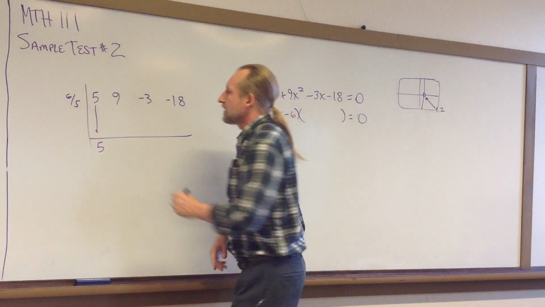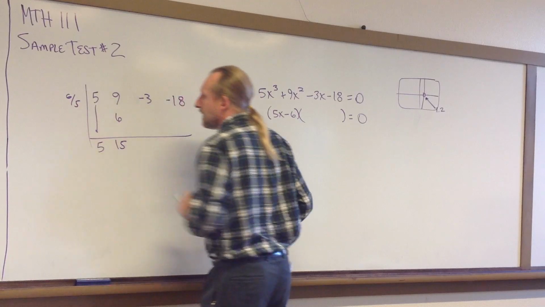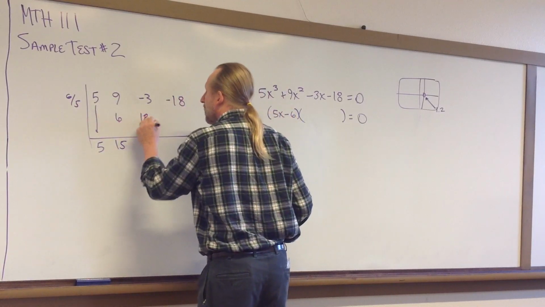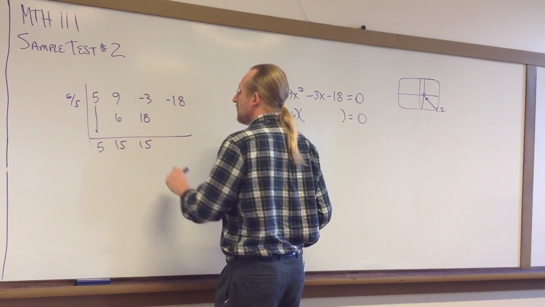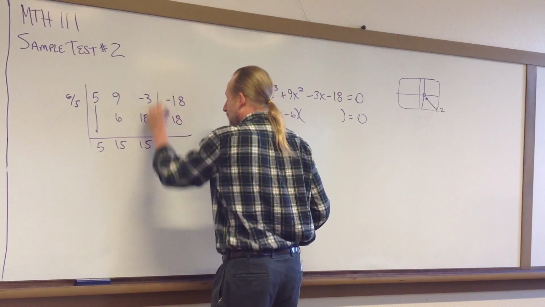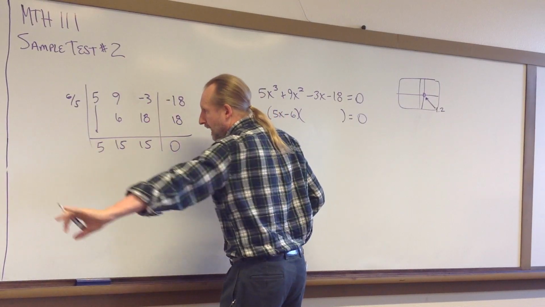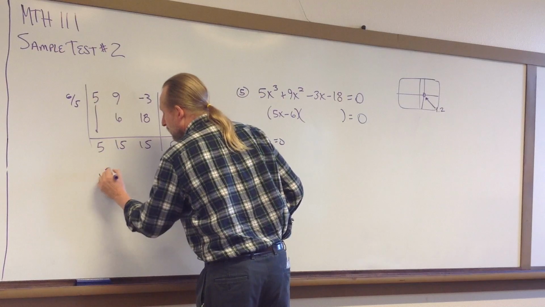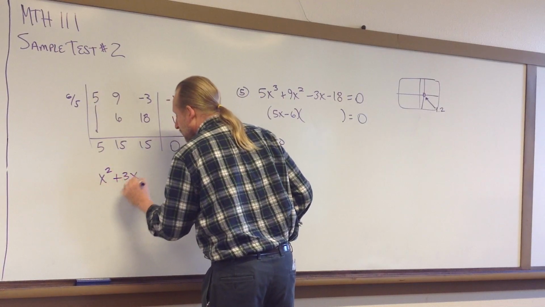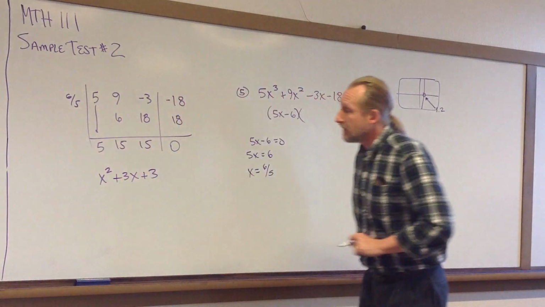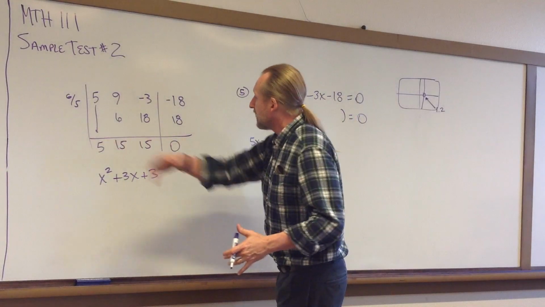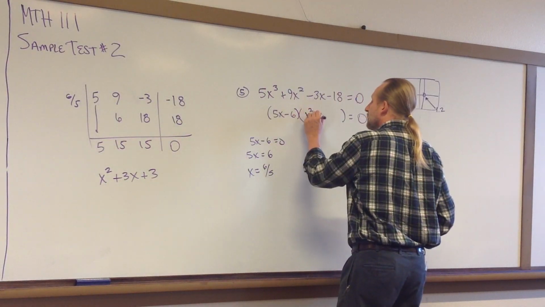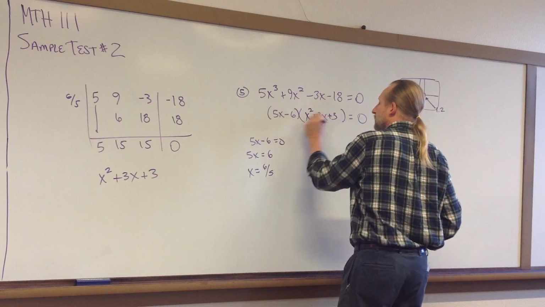So, 5 times 6/5 will be 6, and then 15, and then 15 again, and then 18 will give us a 0 remainder. Pull out this common factor. This will be x squared plus 3x plus 3. Right? That common factor of 5, factor it out, and we'll be left with x squared plus 3x plus 3.